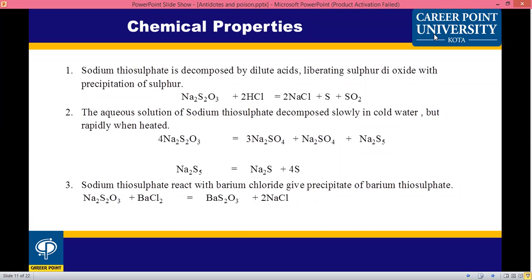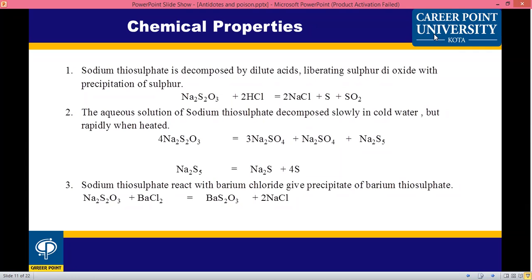Another reaction: sodium thiosulfate decomposes slowly in cold water and rapidly decomposes by heating. When heated, sodium thiosulfate decomposes to sodium sulfate, sodium sulfide, and sulfur.